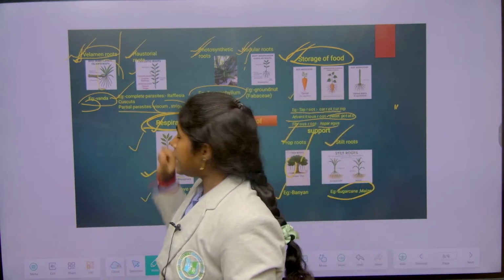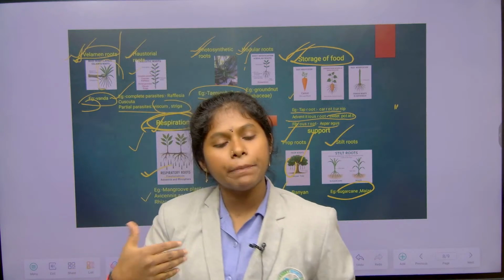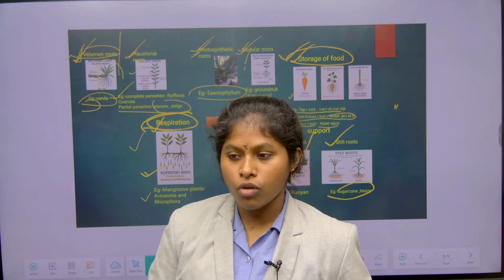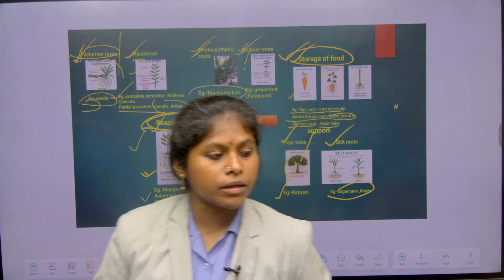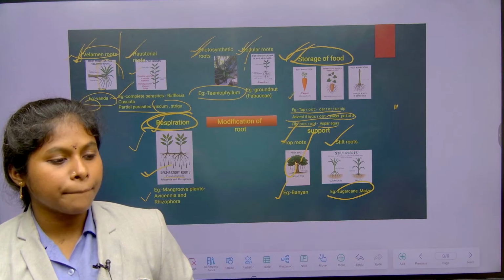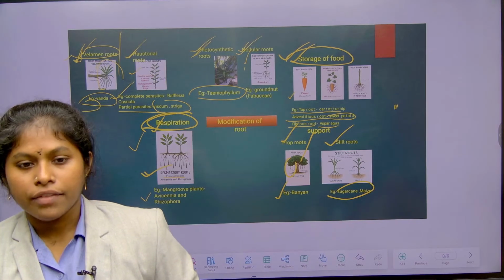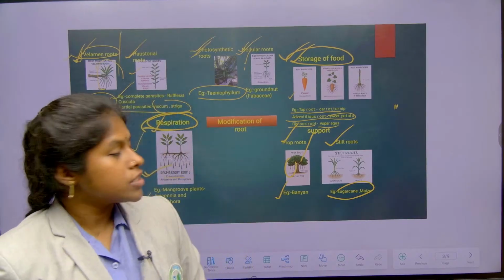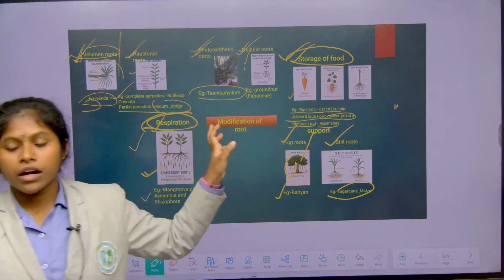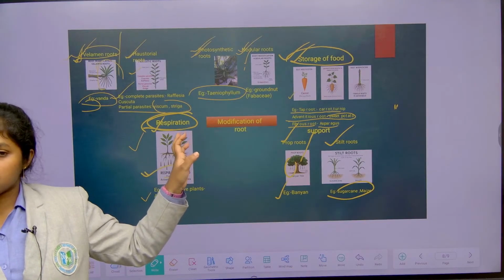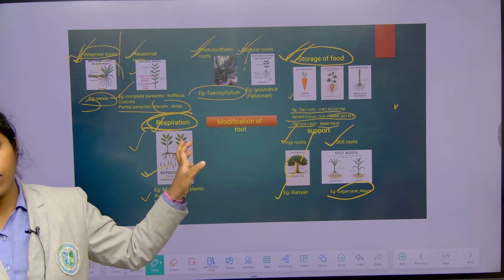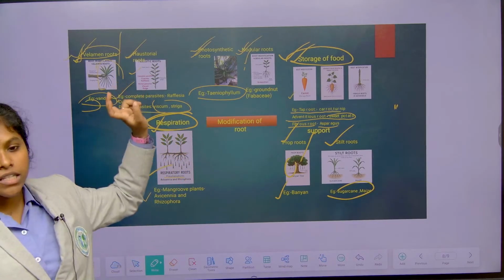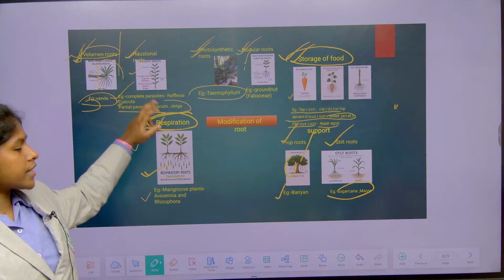And coming to the complete parasites, which means totally they are depending on the other plants for food and water, which means the transport of water occurs by the xylem. Very good. The transport of food occurs by the phloem. Yes, no? So for food and water, the parasitic plant penetrates into the xylem and phloem tissues. Okay. So the examples of the complete parasite are Rafflesia and Cuscuta.